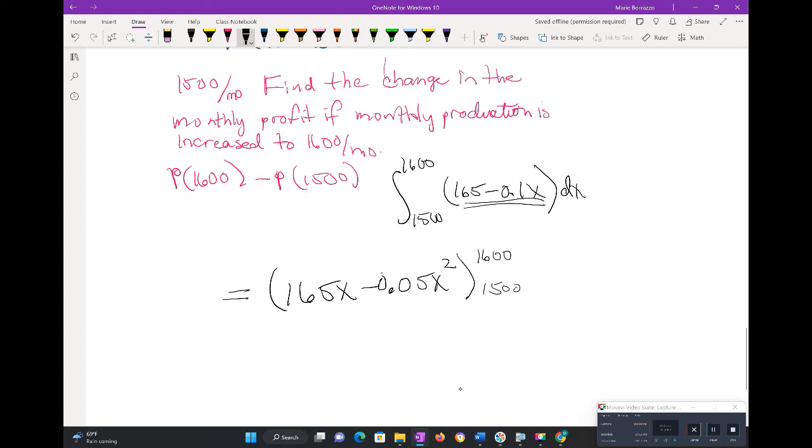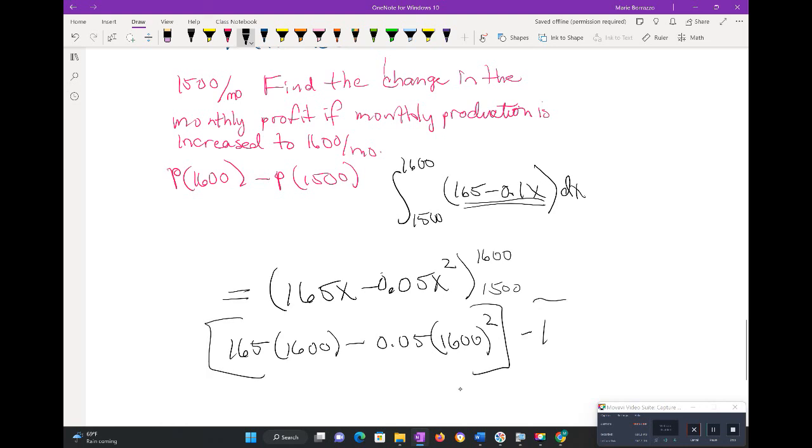So if we apply the formula, we would end up with 165 times 1,600 minus 0.05 times 1,600 squared. And we're going to take this and subtract from it 165 times 1,500 minus 0.05 times 1,500 squared.